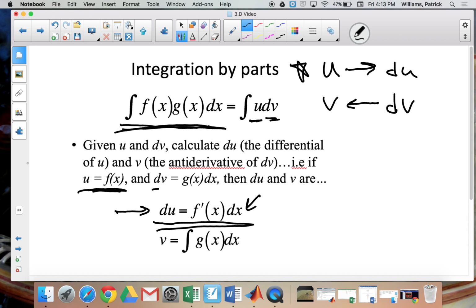Now, if dv is g of x dx, if we take the integral of dv, well, we just get v. So we got to take the integral of that function that we selected for dv in order to get v. And then we have the four components u, du, v, and dv. And you'll see on the next slide how we use these four variables to evaluate an integral.